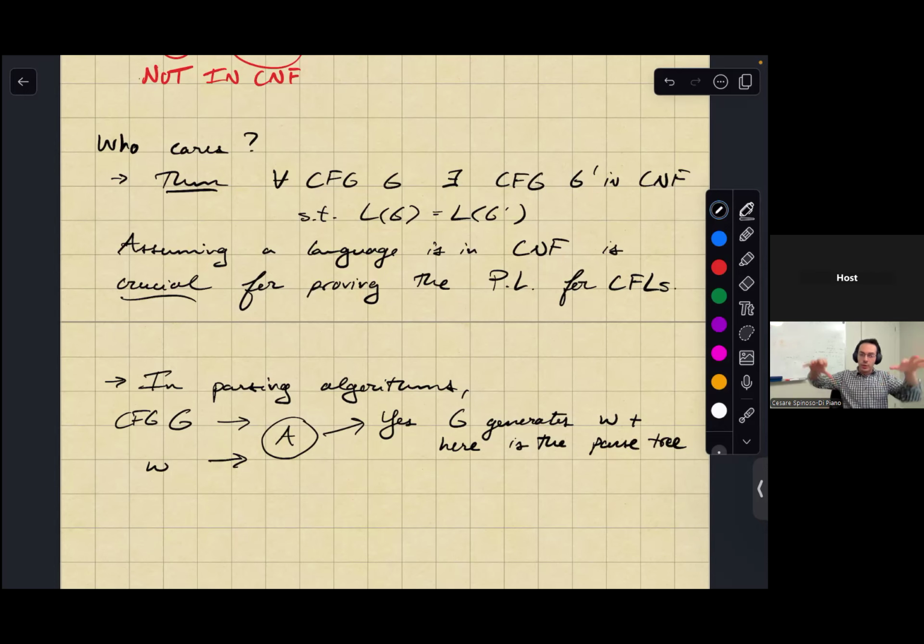It parses the way to get to W from the production rules, or it says, no, it's impossible, right?